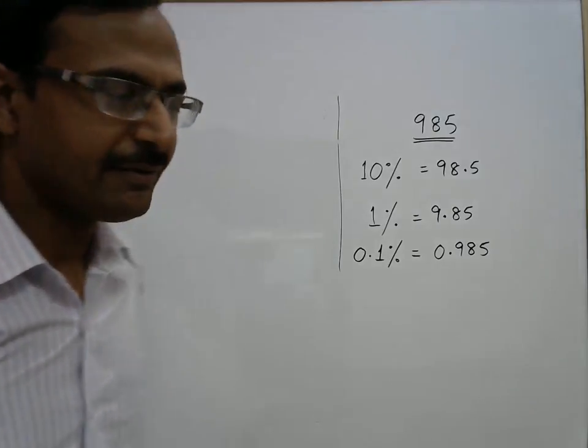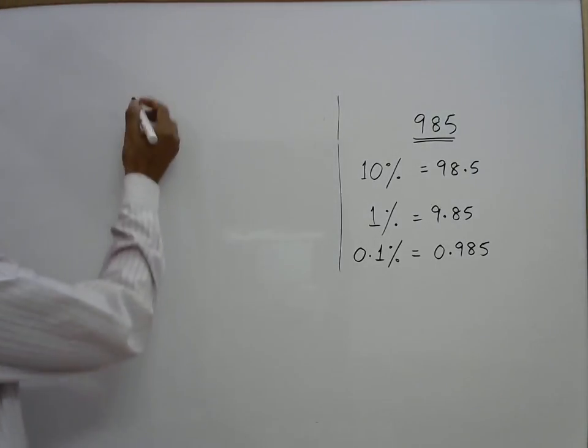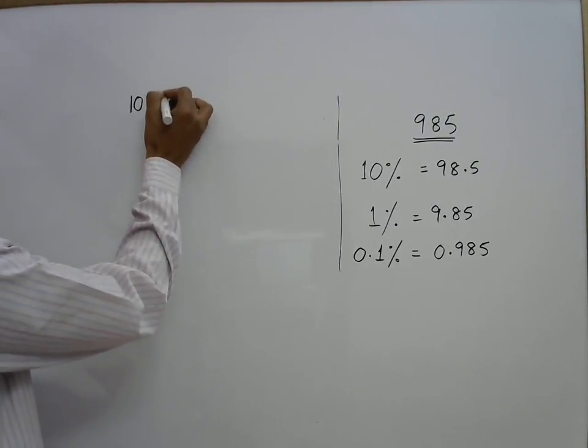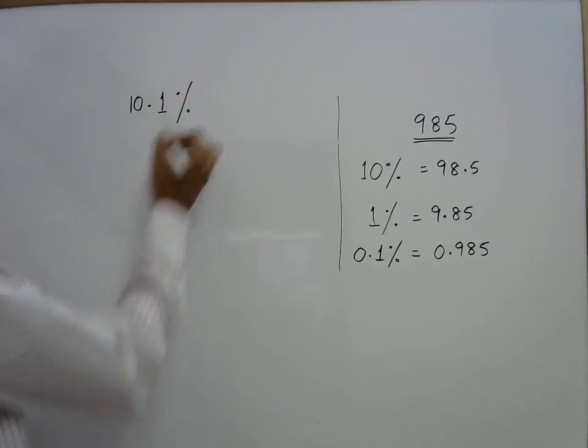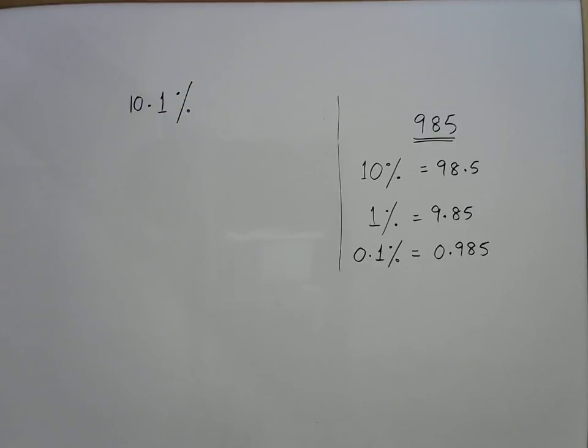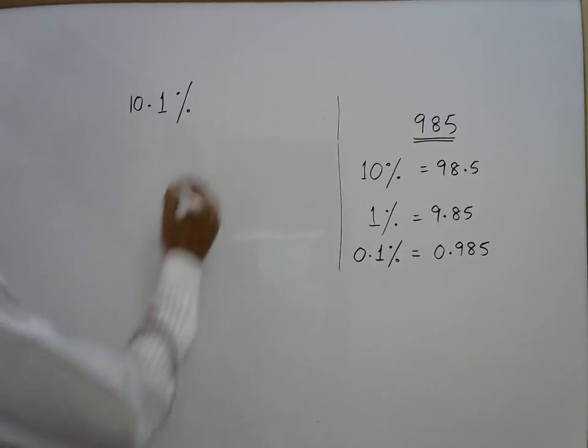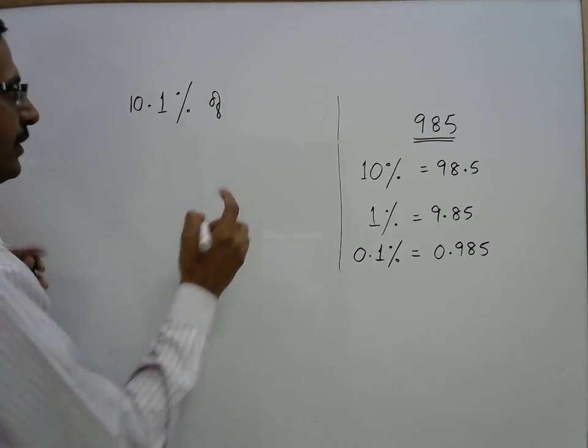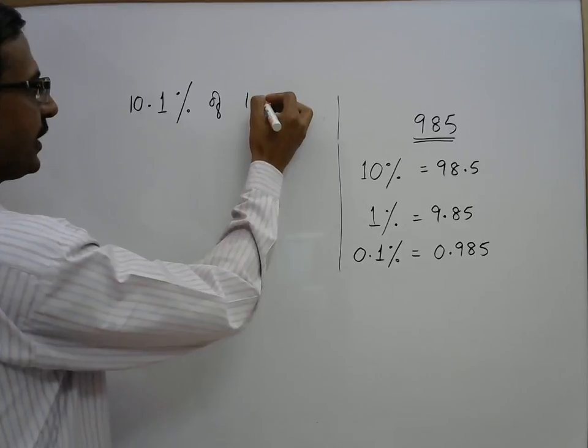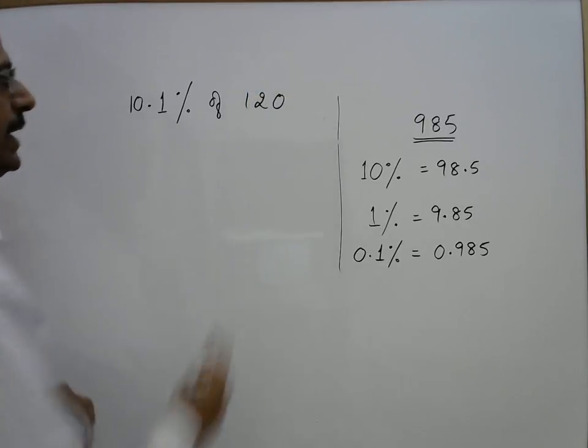Suppose we have 10.1%. Now see, 10.1% traditional method will consume a lot of time here. 10.1% of, I'll take an easy number first so that you can understand the trick, 120. Now see, 10% and 0.1%.